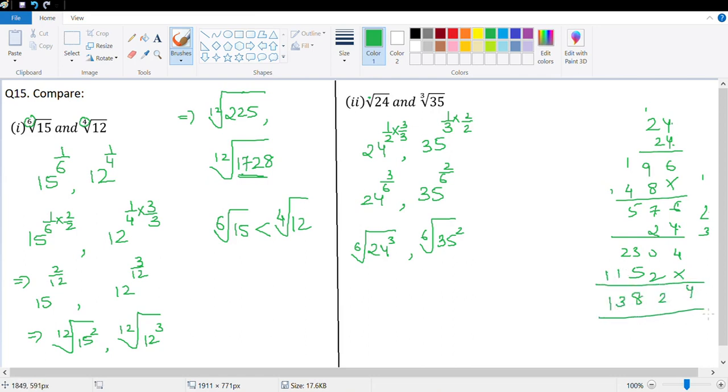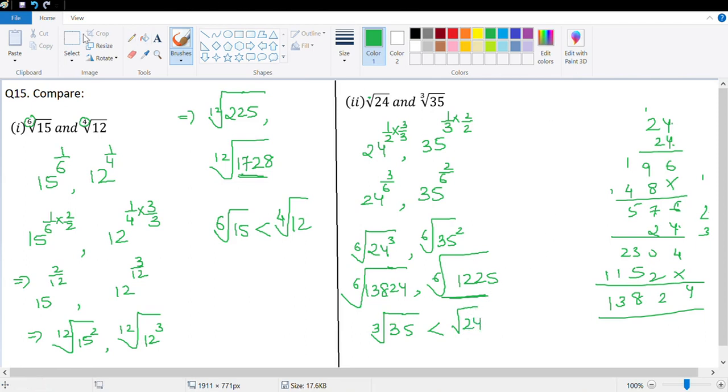So this is sixth root of 13824, and this is sixth root of 35 square. 35 square would be 1225. Now it is very obvious this term is less than this term, which means third root of 35 is less than root 24. Done. Let's look at the next question.